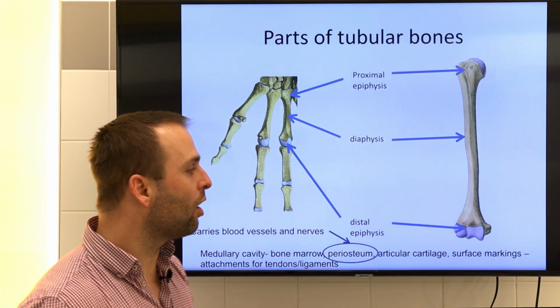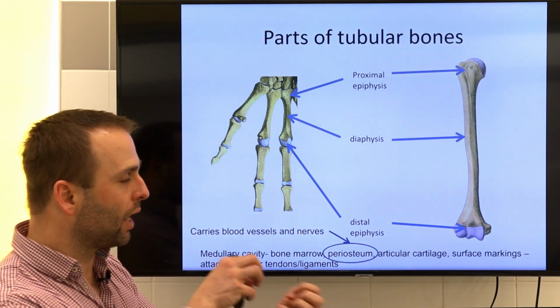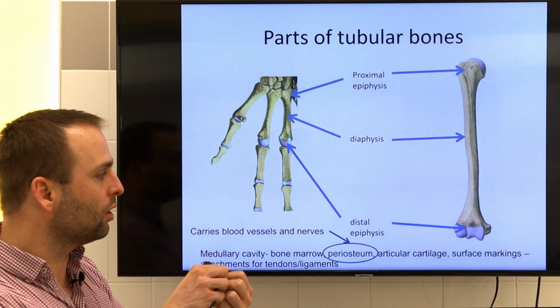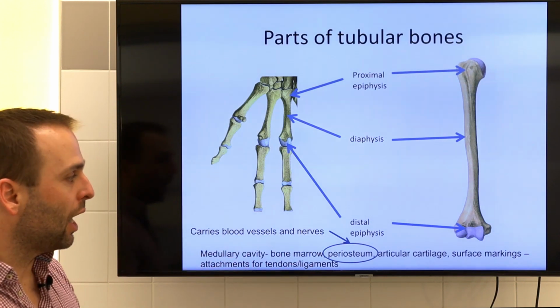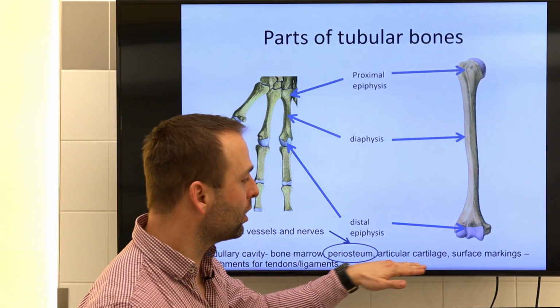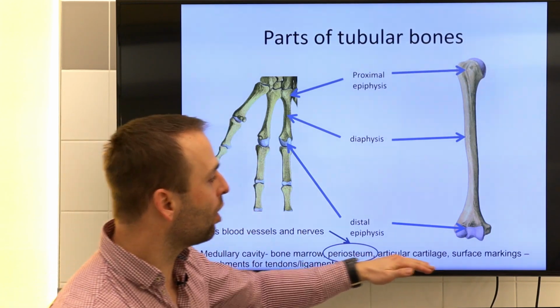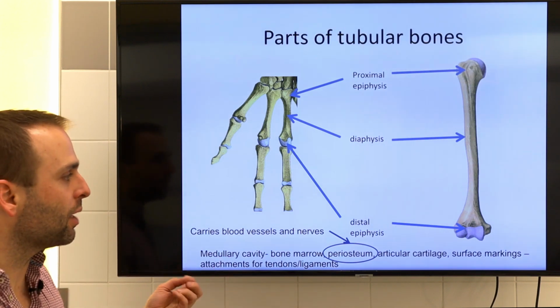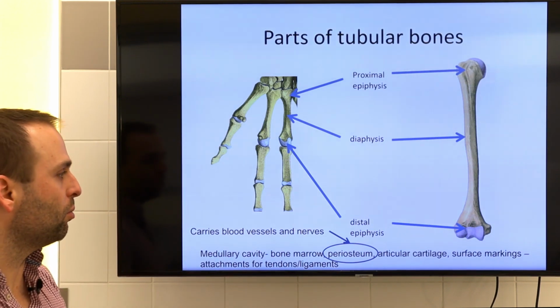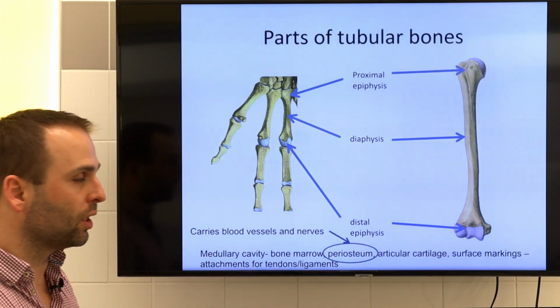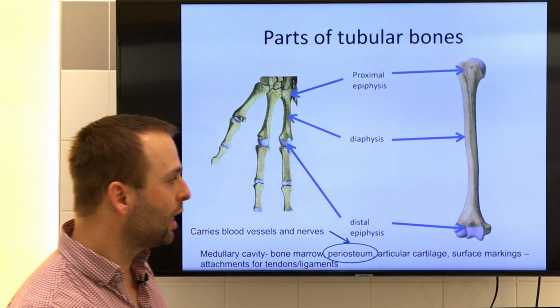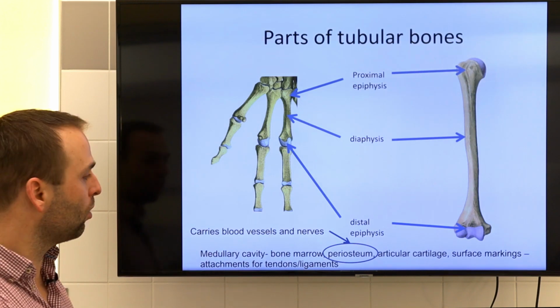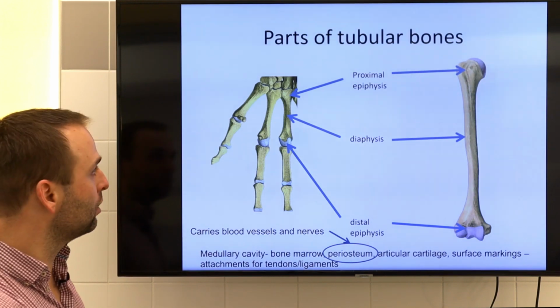You also have articular surfaces, so where the bones connect to one another, you have their joints, and these joints require an articular surface, and an articular cartilage is covering these surfaces. There are other specific markings on the surface of the bones which are used for the attachment of muscle tendons and ligaments for connecting the bones into joints.